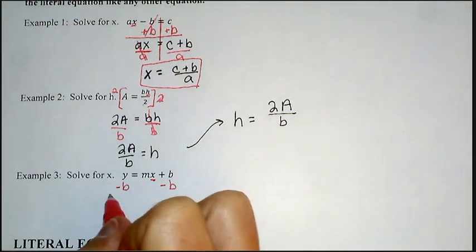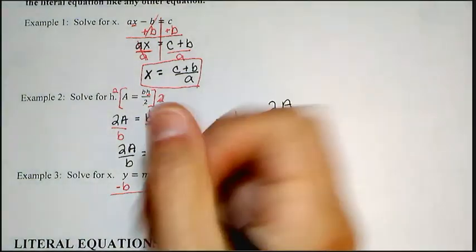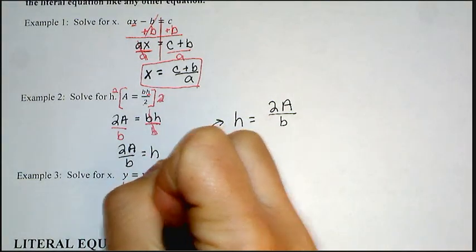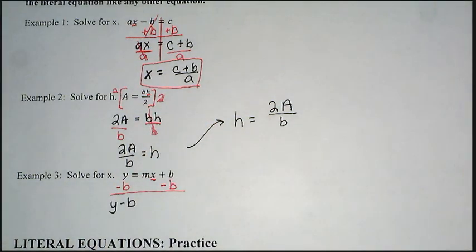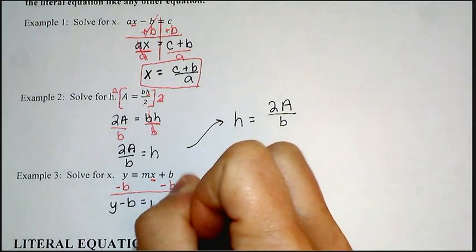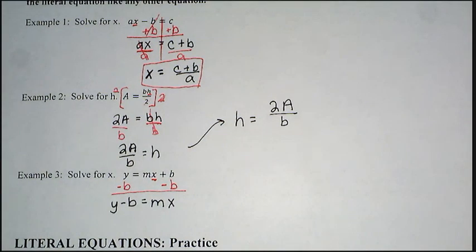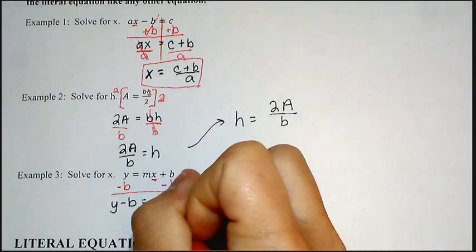So when I do that, I have y minus b, so I'm going to write y minus b. Again, we can't actually subtract them. They're not like terms. Equals m times x. I still want to get x by itself. I'm trying to solve for x. So I'm going to divide.